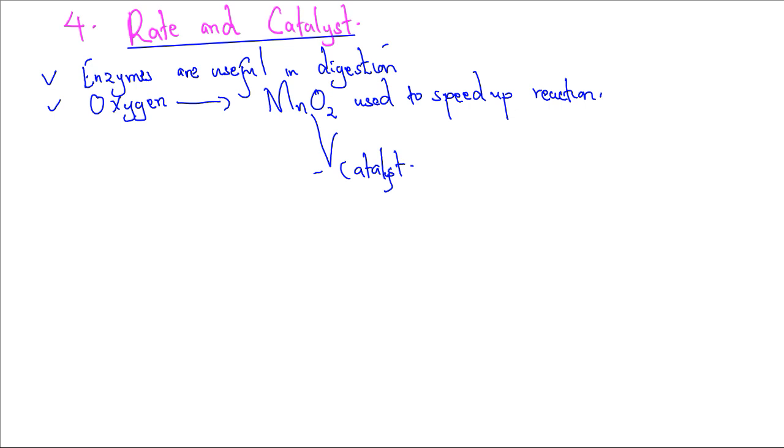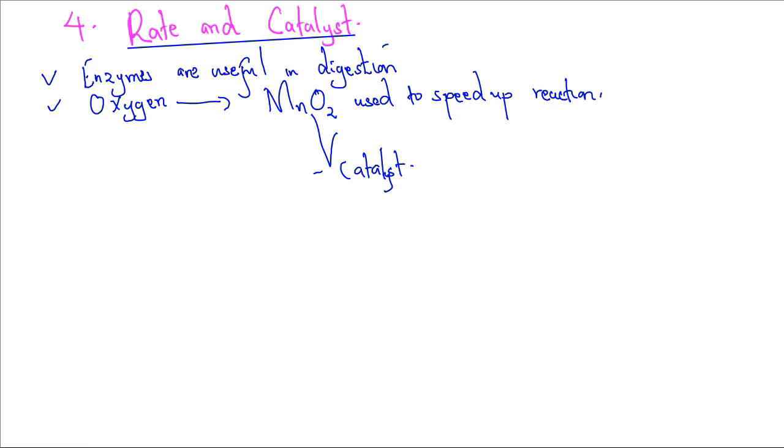So we get that when some manganese 4 oxide is added to hydrogen peroxide, the reaction proceeds very vigorously. And at the end of this reaction, when the catalyst is removed by filtration, then dried, it is found to have the same mass.